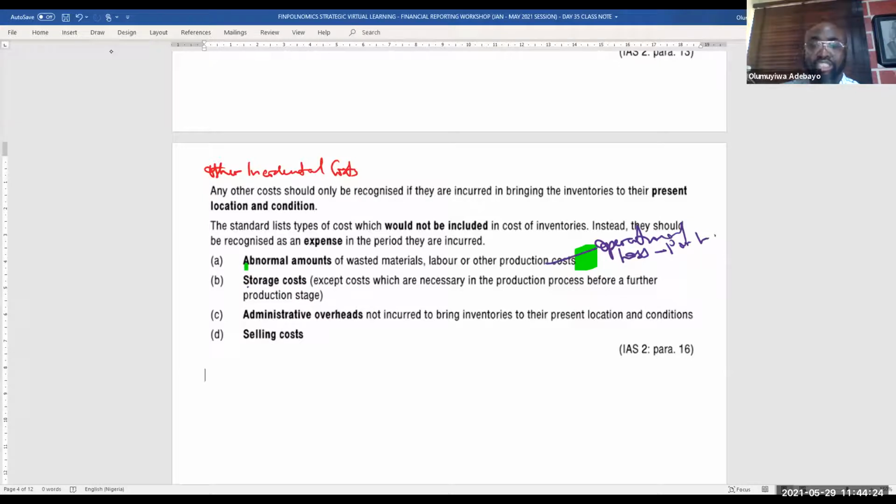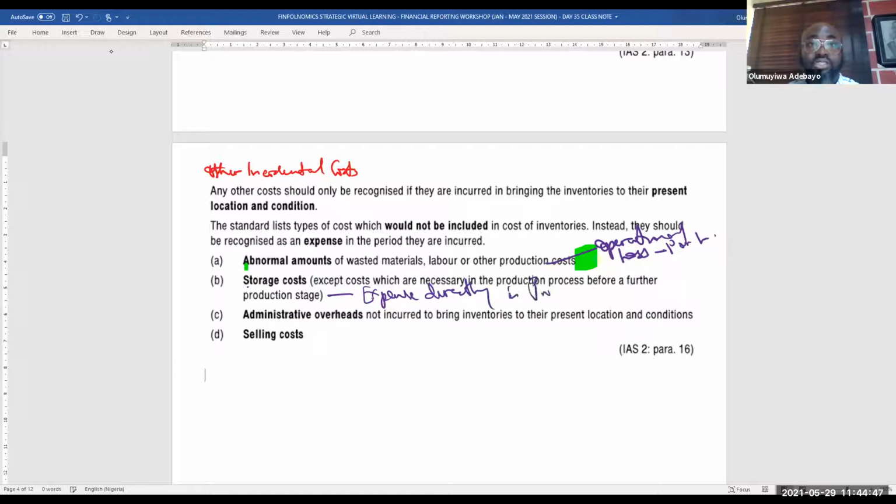If you still need to convert that product in storage to another further production process for finished goods or other form of output, in that case, that also will be expensed directly in profit or loss.